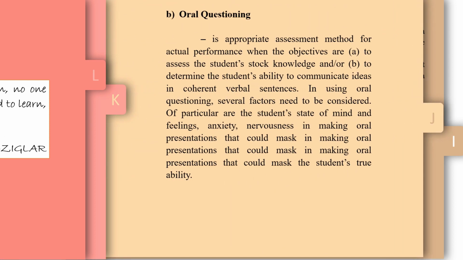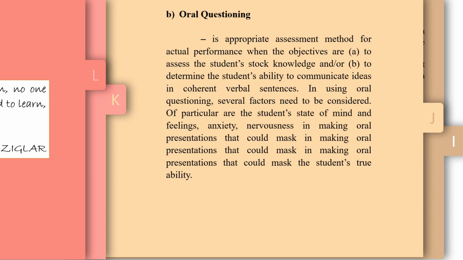Oral questioning. Oral questioning is an appropriate assessment method for actual performance when the objectives are, first, to assess the student's knowledge, and/or to determine the student's ability to communicate ideas in coherent verbal sentences.